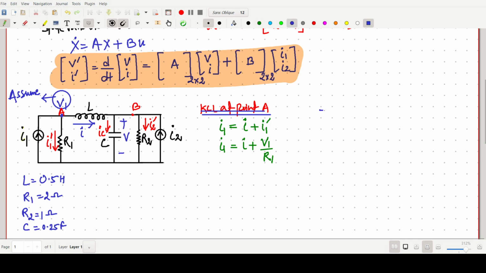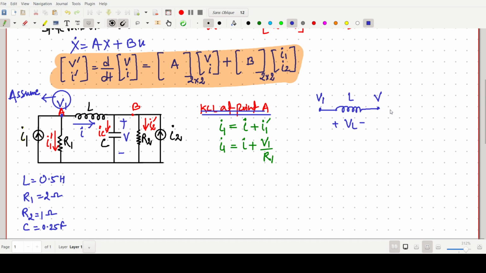So for this purpose, I am just giving a concept. This one is an L, so the voltage across this one I am saying is VL. And I am saying this one is voltage V, and this voltage is V1.